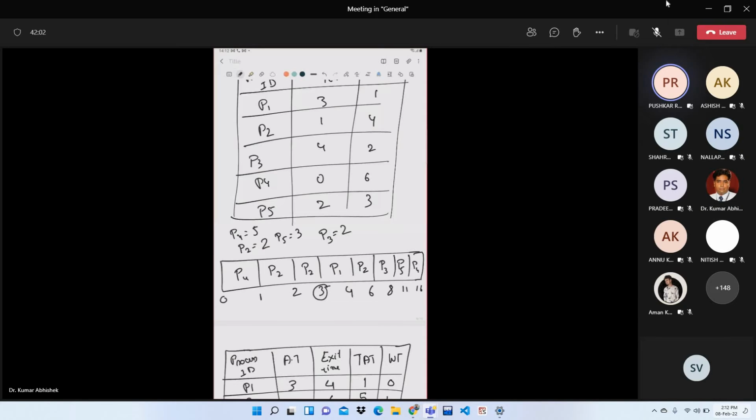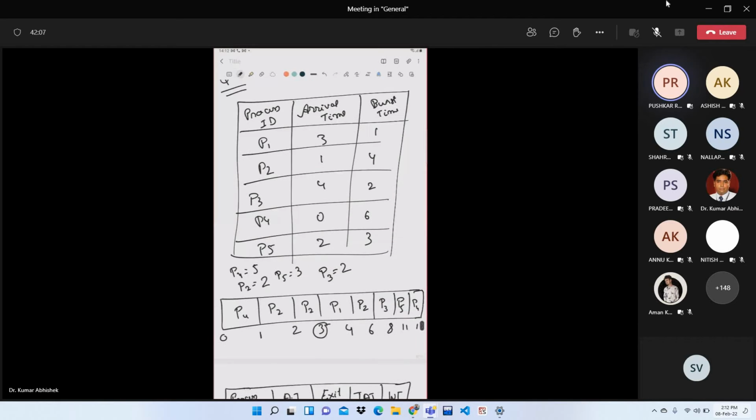Sir, at time equal to 2, P5 having lesser burst time than P2 arrives. So, sir, P2 will come out from the queue, and then P5 should go into the queue. No, P2's 3 will remain. At time 2, P5 arrives.